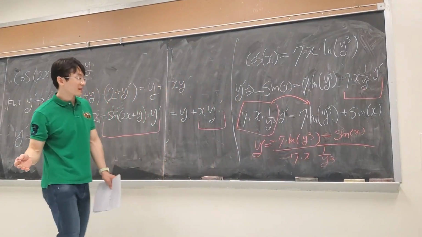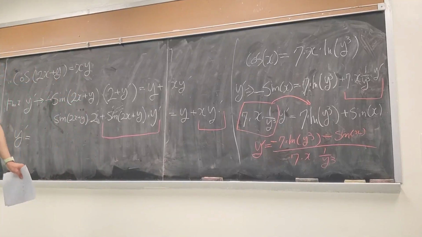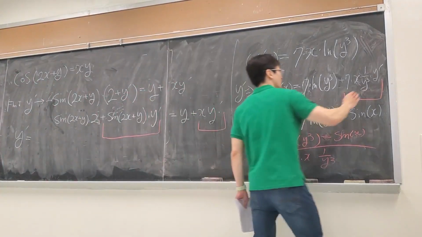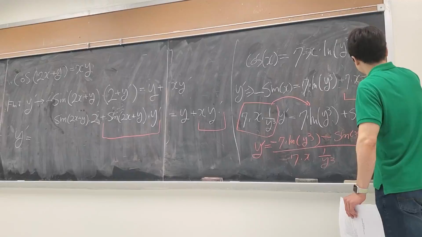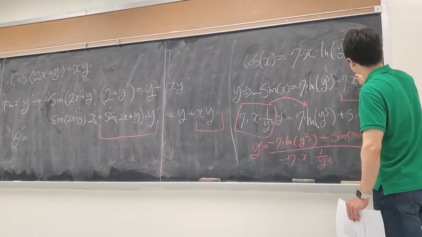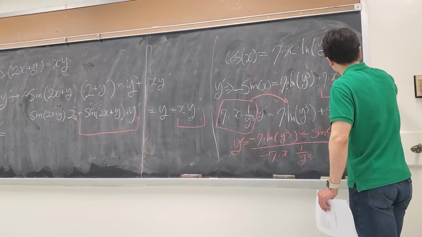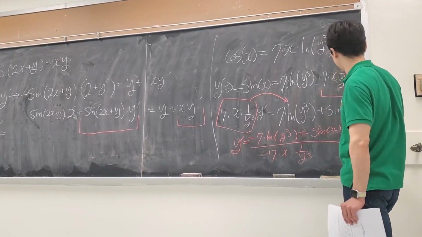Should the ln itself have a chain rule? Which one? The ln, because it's ln y cubed. Oh, it would be 1 over y cubed. Yes, you're right. 3y squared times dy, y prime. Yes, you're right.